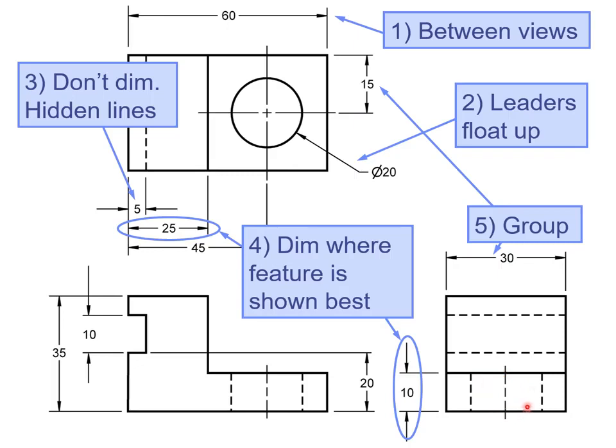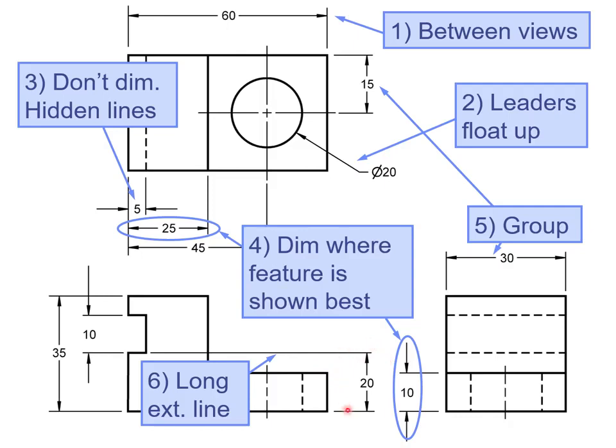Avoid dimensioning a hidden feature if you can, and we can do that by leaving it here at the 15. So we're going to have to move the 30 over. The depth here of 30 is the same depth as here. It's the same depth that we're looking at. So bring the 30 to the 15 and group them together. Okay. And another mistake that we see here is this long extension line.